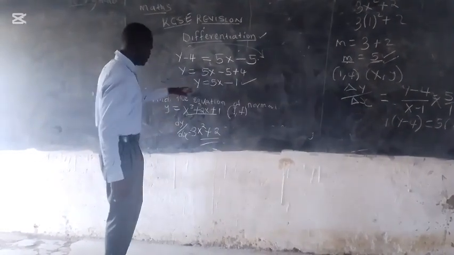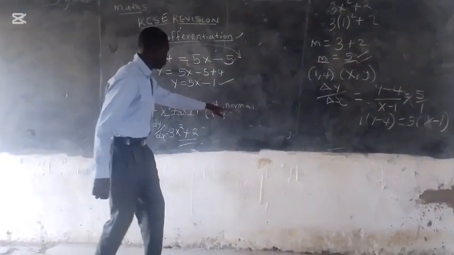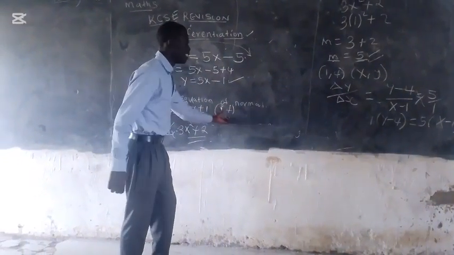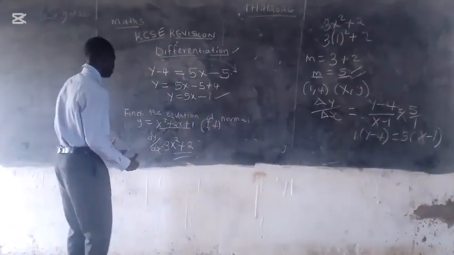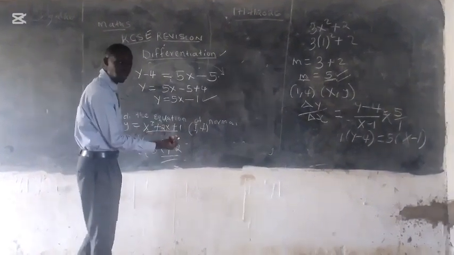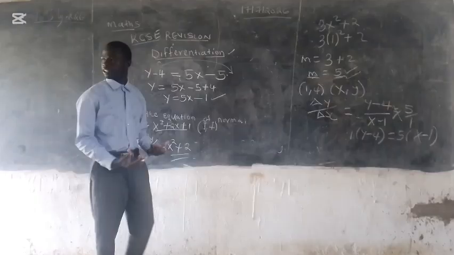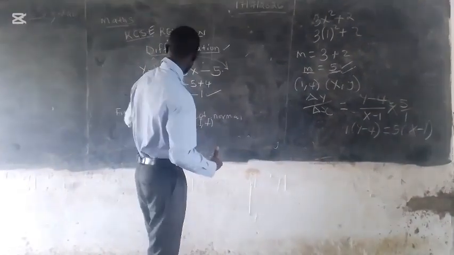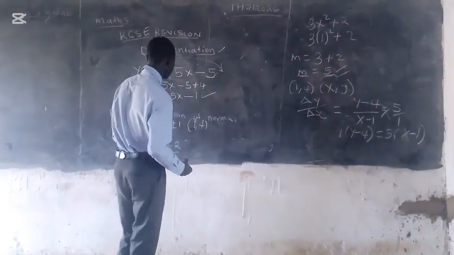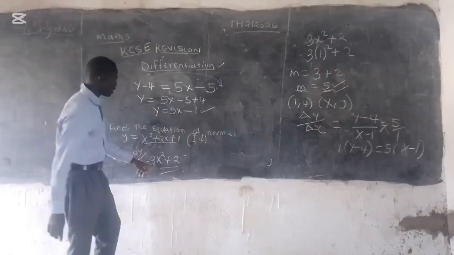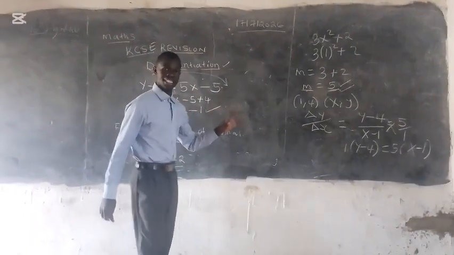Students, this is the equation to the normal at this point. Step number 1, if they ask you to get the equation to the normal, differentiate the curve to get the gradient function. After differentiating, now you have the gradient function. Replace where we have the value of x to find your gradient.